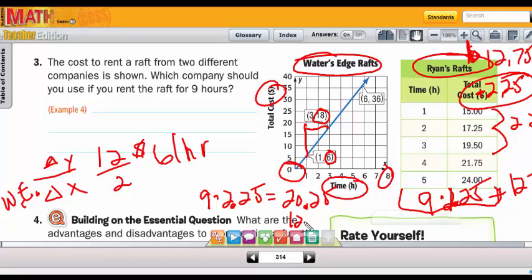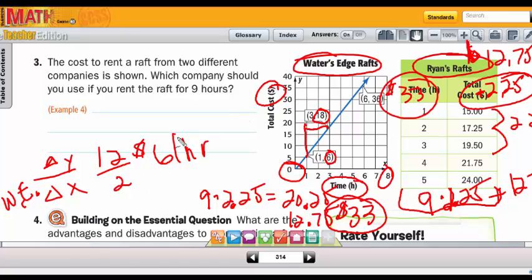And now we have to add our intercept, which is $12.75. We can add this. This is $1 plus the 12 would be 13 plus 20 would be $33 for Ryan's rafts. We'll write it right here so we see that that's $33.